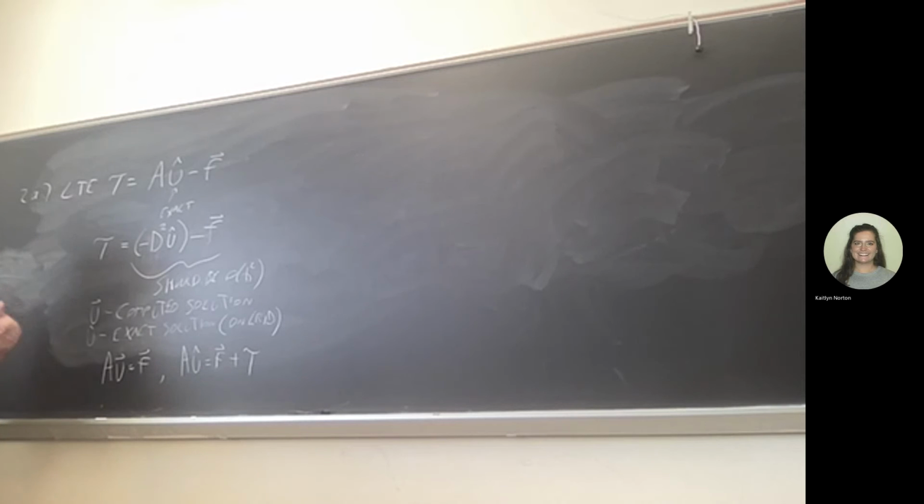This may sound like overkill, but I'm making a big deal out of this just because this approach to error analysis is used in so many different settings for all different kinds of PDEs. For instance, if we were to look at time-dependent PDEs, there are schemes that would combine this kind of finite differencing in space with a method of solving a system of ODEs in time, like a time stepping method.